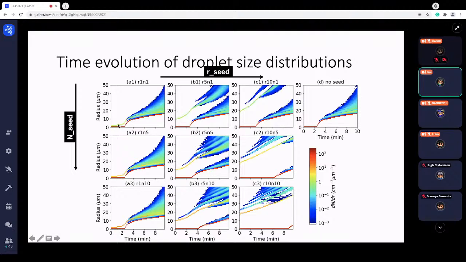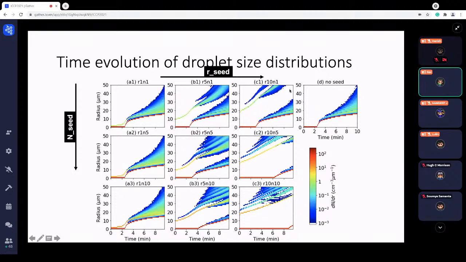In general, we see if aerosols are small, for example, in the first column, we have 1 micron seeding particles, their growth is slowed down after droplets are formed, as we can see from this shallow slope, because of the reduced solute effect. However, large seeding aerosols, as shown on the right panels, in general remain at a relatively high growth rate by condensation throughout the time.